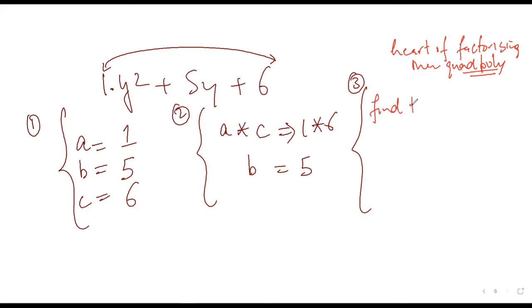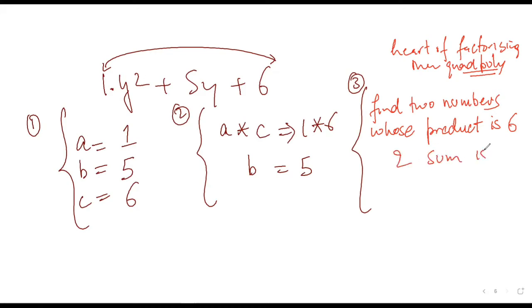So find two numbers whose product is 6 and sum is 5. Mr. Sarthak, have you understood what I said? Yes. So I'll have to find two numbers whose product is 6 and whose sum is 5.